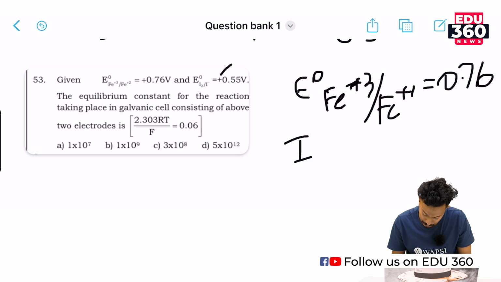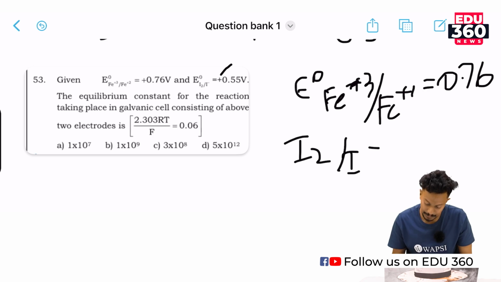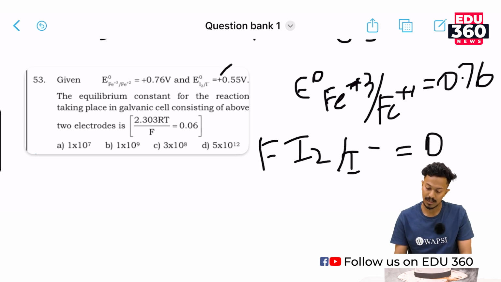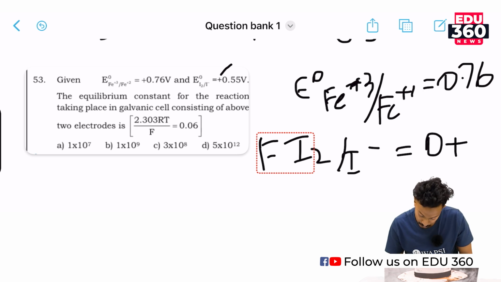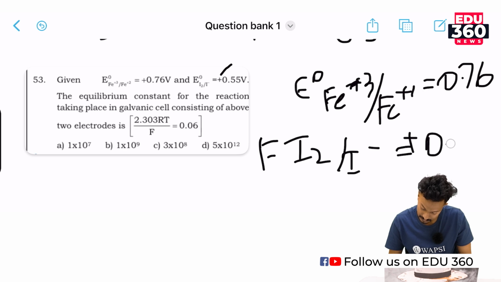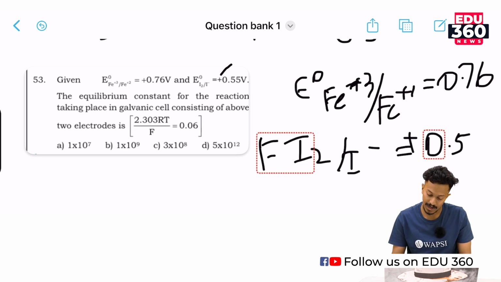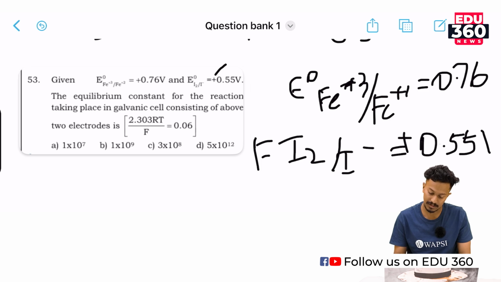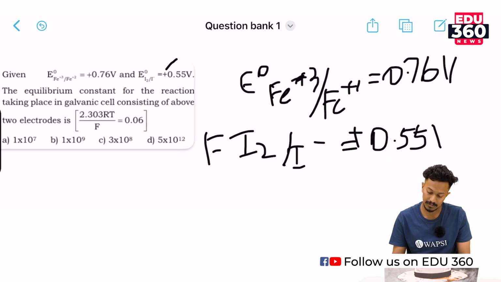And for the I2 anodic reaction it would be plus 0.55 volt. 0.55 volt, 0.76 volt. Am I right?